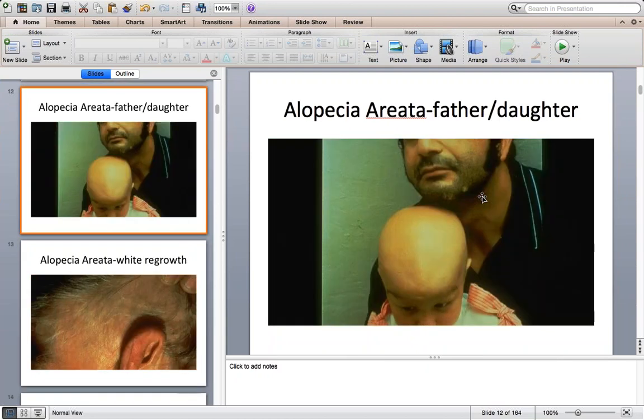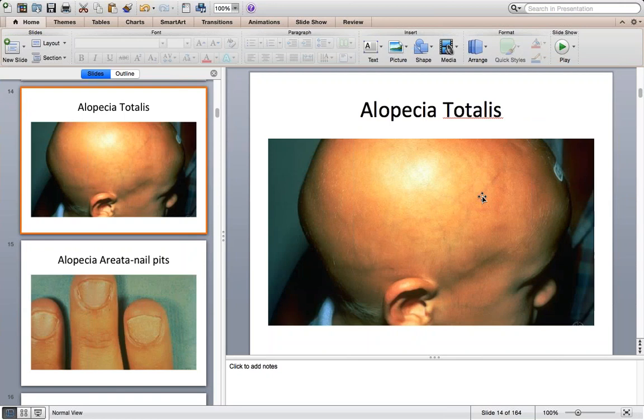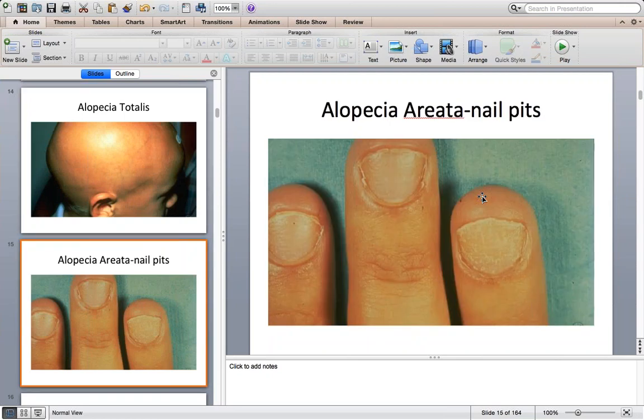And this is a patient with alopecia totalis. And patients that have alopecia often have nail pits. So if you look at their nail plates, you will see in many cases when the condition is severe, pitting in the nail plate, which also causes a disturbance in the way the nail plate looks.